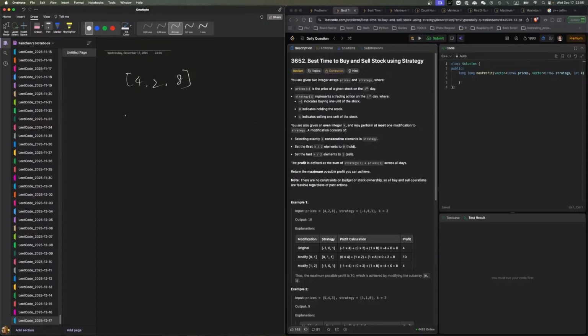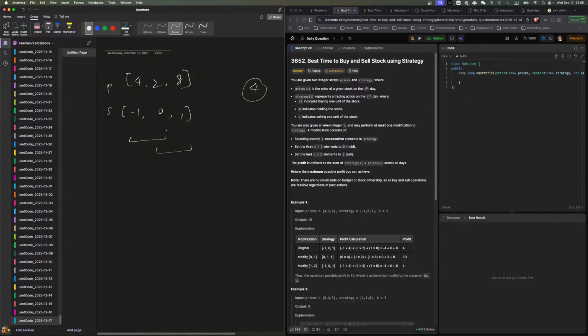So this is the price and this is the strategy. If I don't do anything, the profit is 4, right? Now if I want to do one modification, it's just a sliding window, I can do this or I can do this.